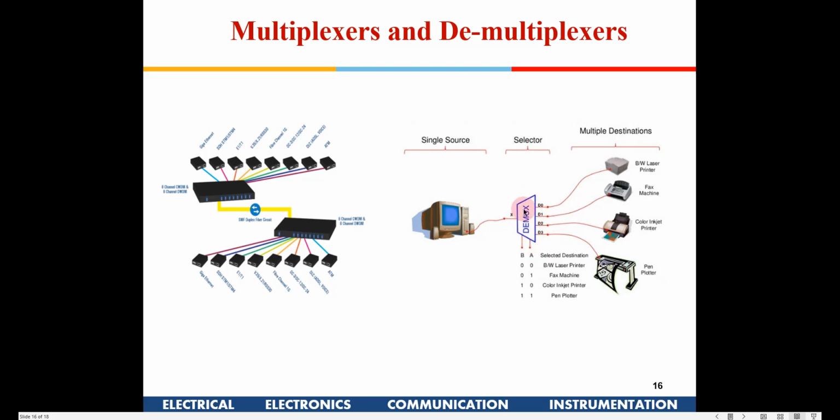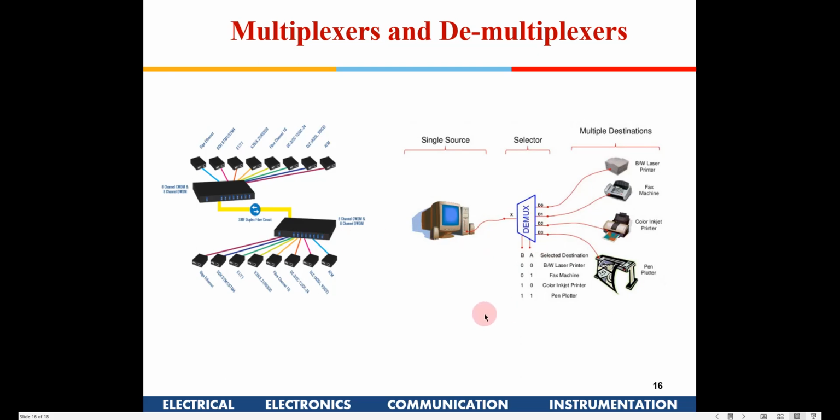At any given time, the processor will give one output. For a few seconds, it will give output to the printer, and then it will give it to, say, the pen plotter or to the fax machine. So several peripherals can be connected to the same processor using a demultiplexer.